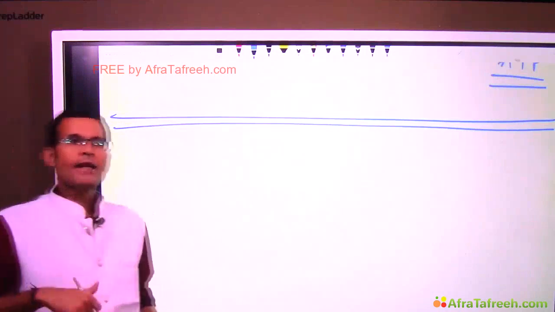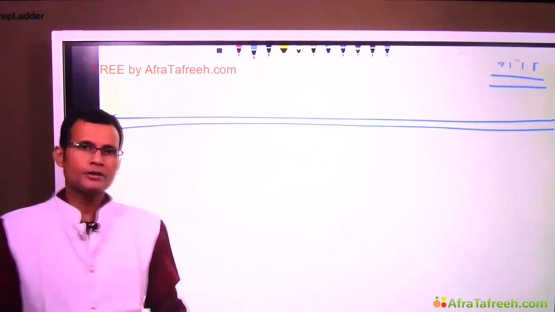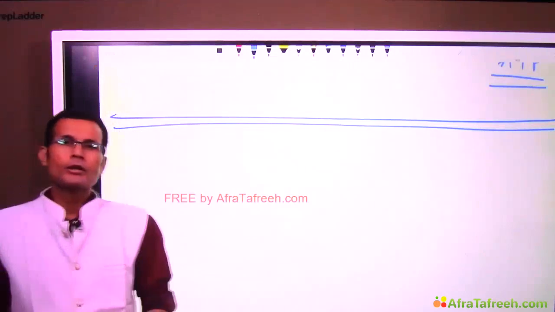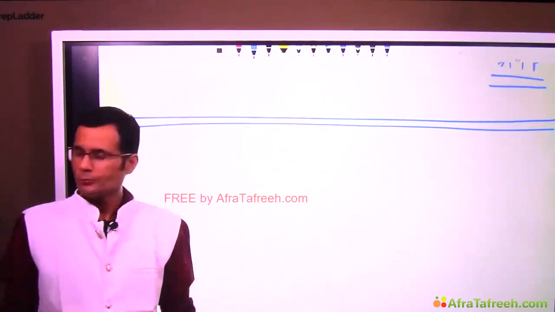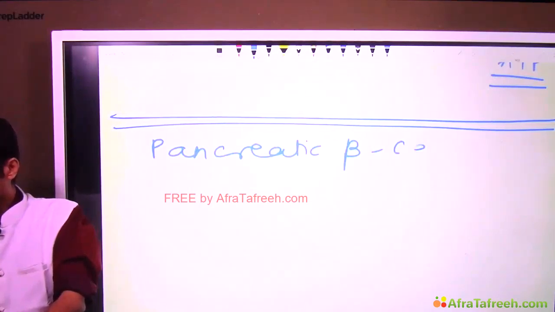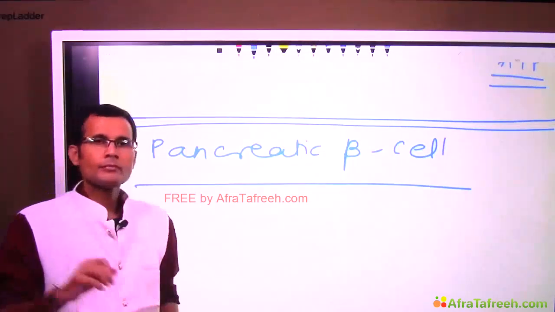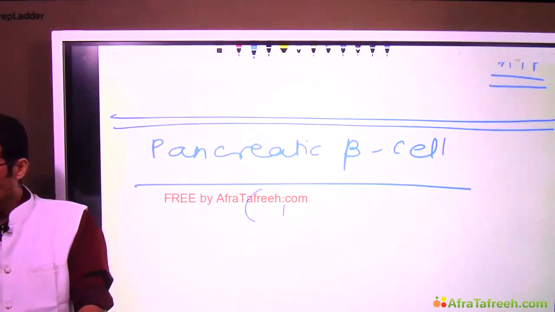Well, let me just add one more example of ATP sensitive potassium channel, because this will be discussed even later on and it's required in the pharmacology as well. One more place where we have ATP sensitive potassium channel, and that is the pancreatic beta cell. We are talking about secretion of insulin.